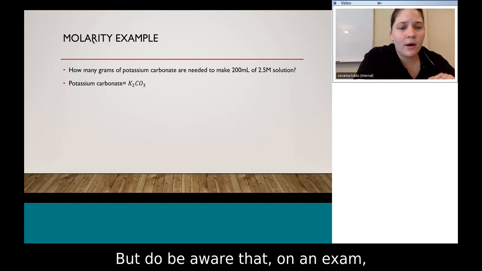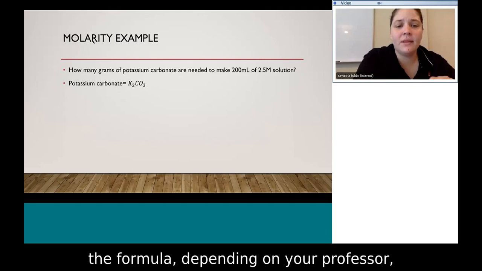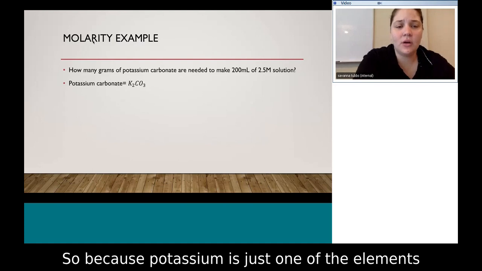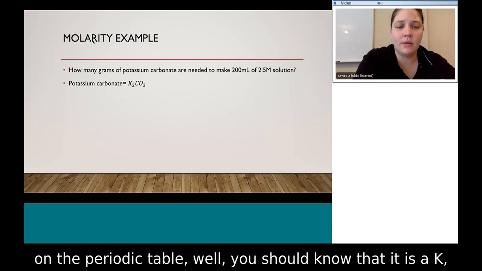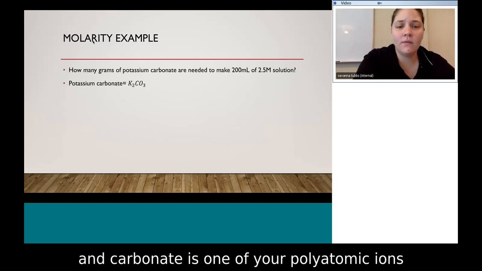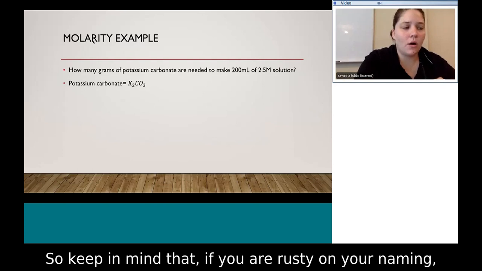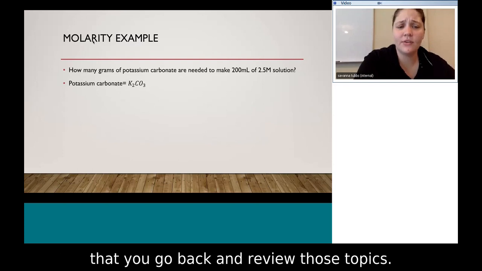But do be aware that on an exam, depending on your professor, the formula might not always be provided. Potassium is one of the elements on the periodic table, so you should know that it is K, and carbonate is one of the polyatomic ions that are generally memorized during the Gen Chem 1 course.